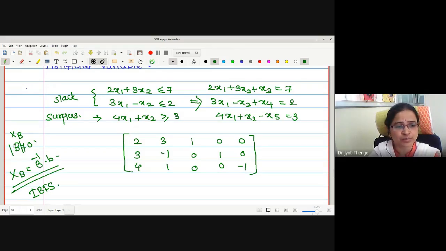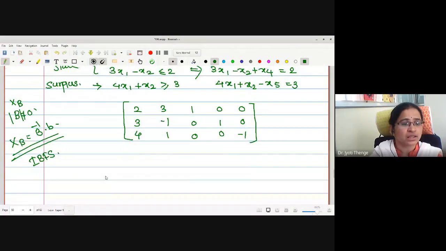Therefore, if we select B to be a non-identity matrix, this process is going to be large. First, you have to find the inverse of the selected matrix B, and after finding the IBFS, then you have to start your simplex method. Therefore, the process becomes lengthier. For this purpose, we were selecting this capital B to be the identity matrix.